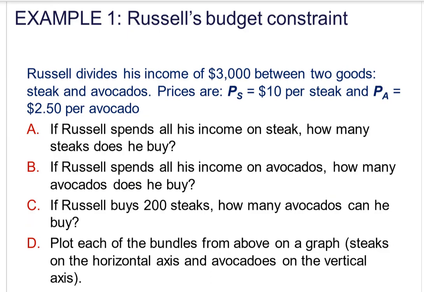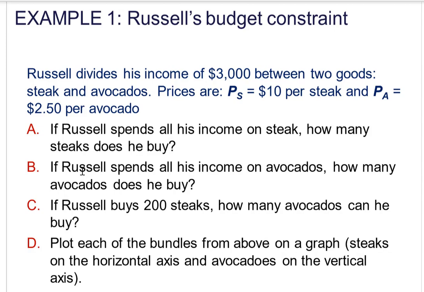So let's read this. Russell has a $3,000 income, and he spends this money on 2 goods that he consumes: steaks and avocados. The prices are $10 per steak and $2.50 per avocado. By answering these questions, we will learn concepts that are useful in the analysis of consumer choice and optimization behavior.